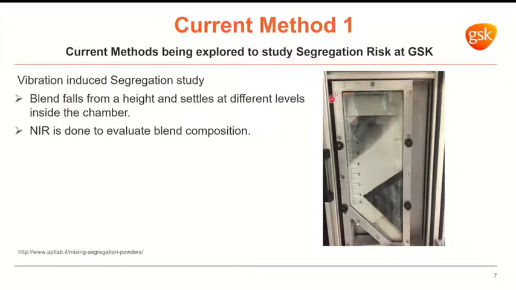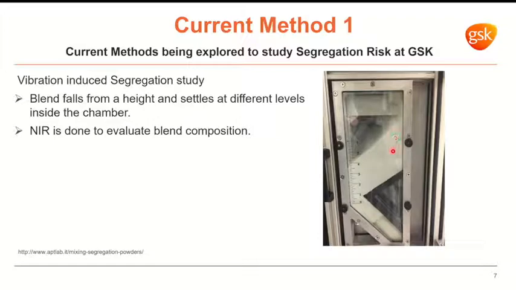In this method, particles are made to free fall from a certain height into a chamber, and this chamber, as you can see, is sloping downwards, or it has a slope.